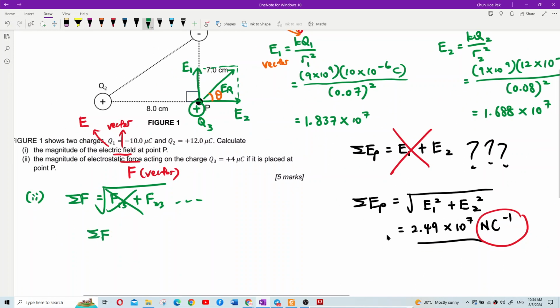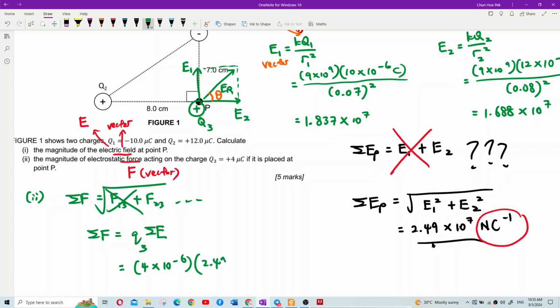So very simple. Just take F equal to QE. F equals Q multiplied by E. This is Q3 multiplied by the resultant, then you get the answer already. 4 micro, 4 × 10^-6, times 2.49 × 10^7.